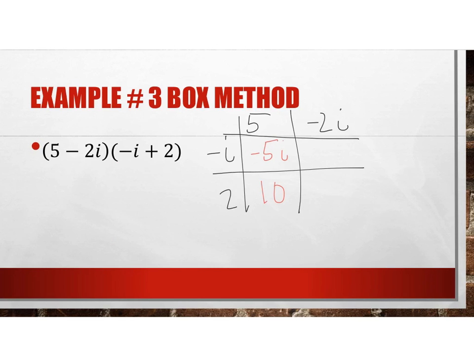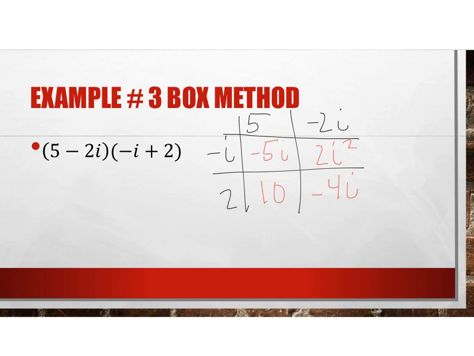Negative 2i times a negative i, well, the negative times a negative is going to give me a positive 2. i times i gives me an i squared. And last, negative 2i times 2, negative 4i.